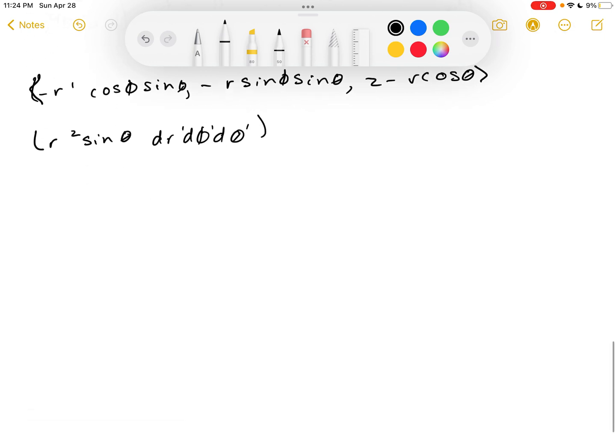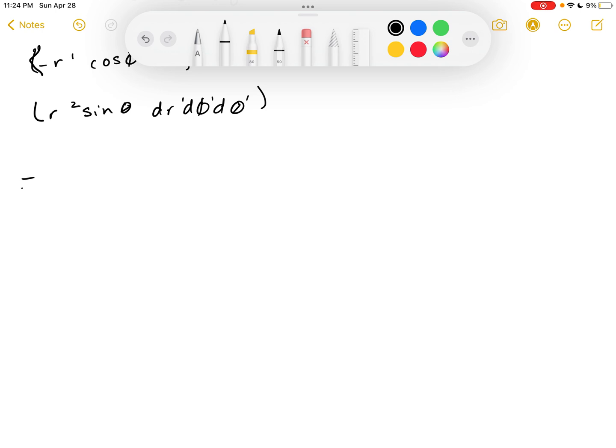And once we simplify that more, we get rho over 4 pi epsilon naught. I'm sorry if my rhos look like p's.